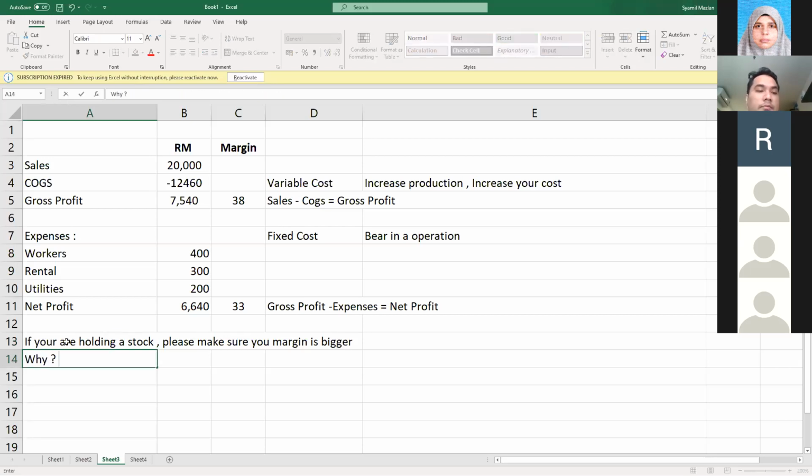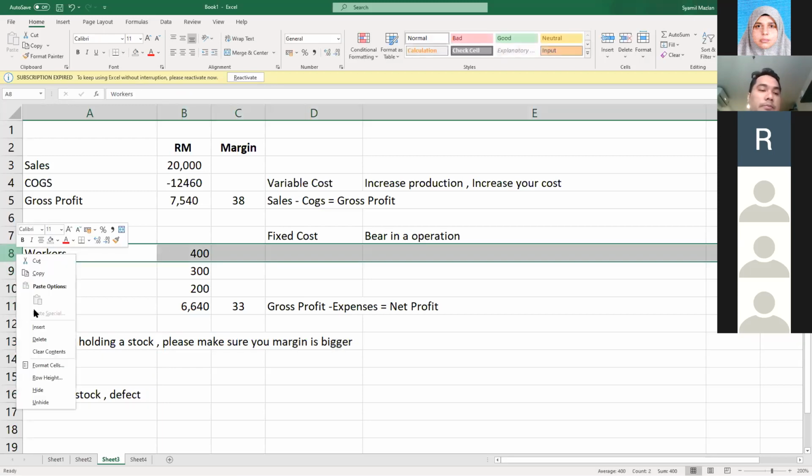Why? Because when you are holding stock, there is a probability that the stock is defective. So when you have a greater profit margin, you can cover the stock that did not sell or is defective.